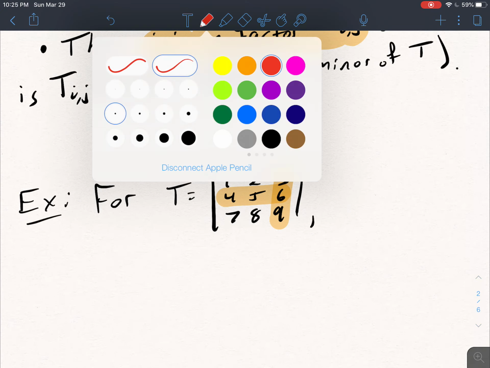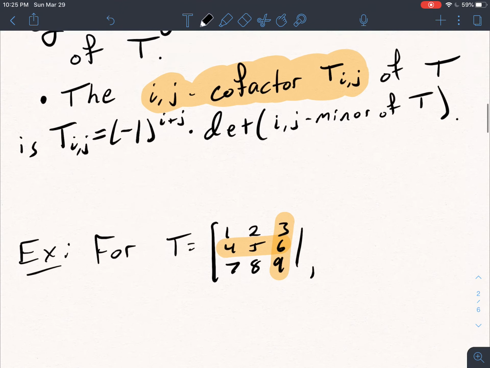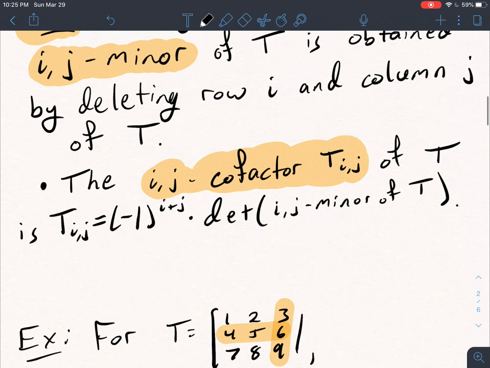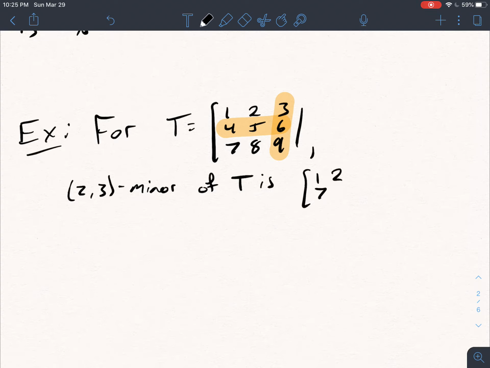So here I have row 2 and column 3 of this matrix, and so the 2, 3 minor of T is obtained by deleting the highlighted row 2 and column 3, and you obtain the matrix 1, 2, 7, 8.